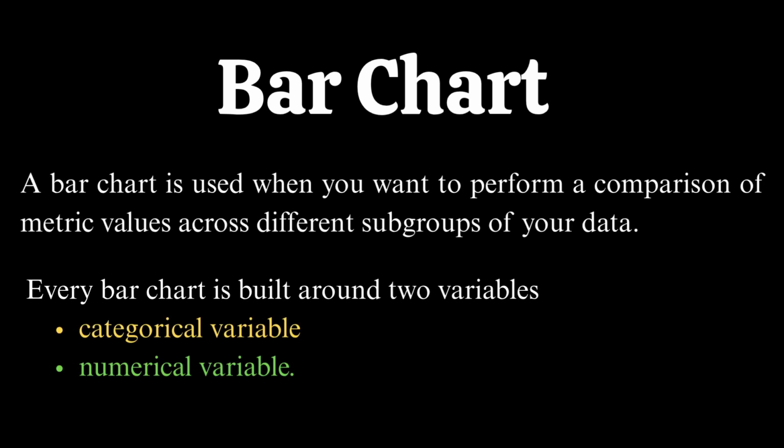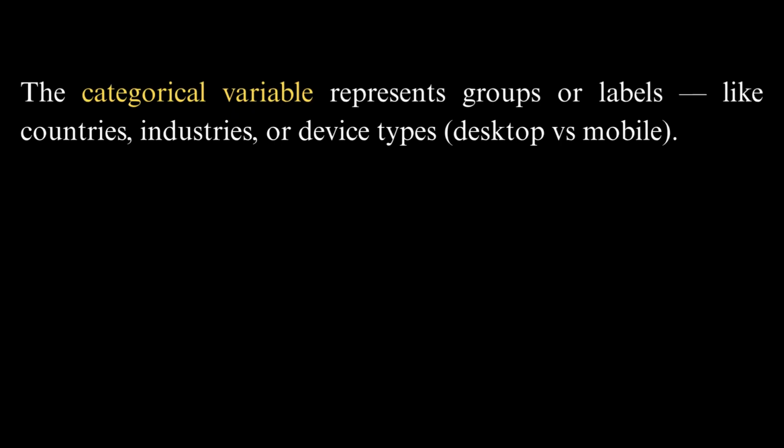Before we jump into examples, let us quickly understand what a bar chart is and when to use one. A bar chart is used when you want to show or compare metric values across different subgroups of your data. So every bar chart is built around two variables, a categorical variable and a numerical variable. The categorical variable represents the discrete groups or the distinct categories, basically labels.